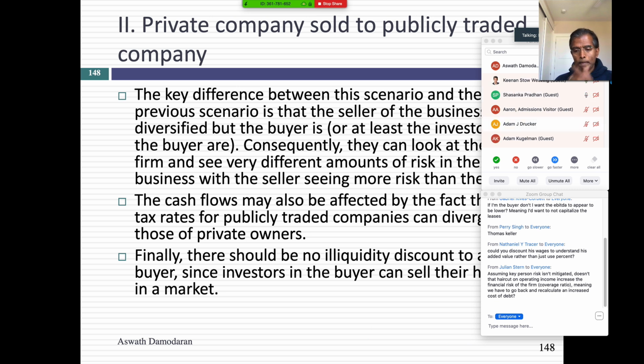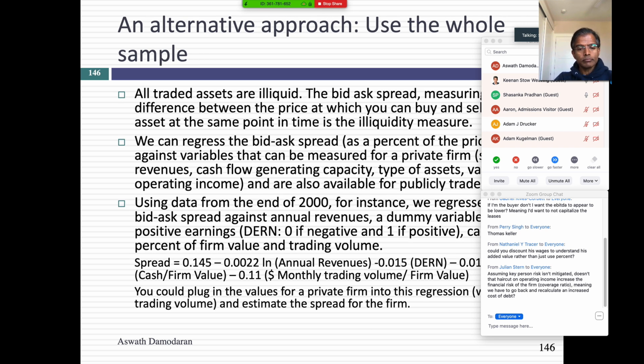On when you did the regression for bid-ask spread, the independent variables were the same as the Silber regression? No, the Silber regression was an actual discount on the restricted stock issue. It's a difference between the restricted stock price and the actual market price. This was just a spread in the marketplace. But it's similar.